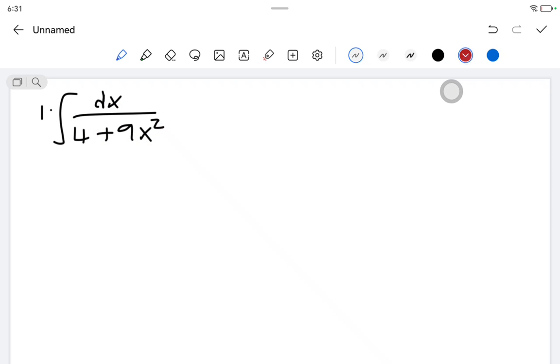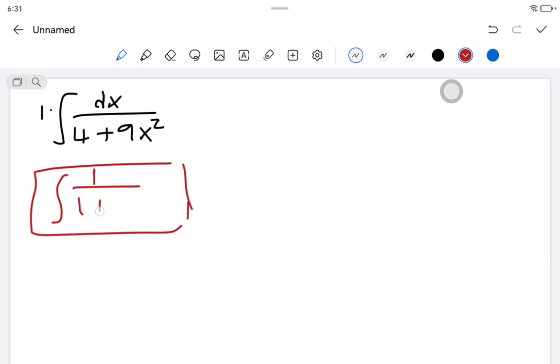Remember, I said that what we need here is to put this in this format: 1 over 1 plus x squared dx. Our target. You see right now? This is our goal state.